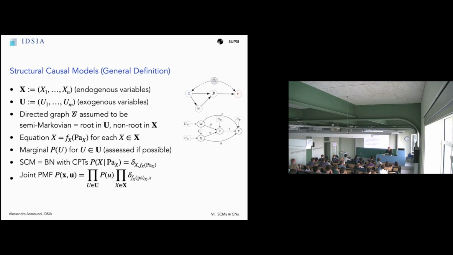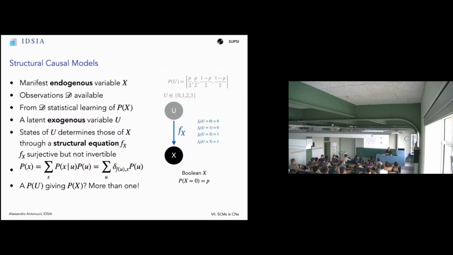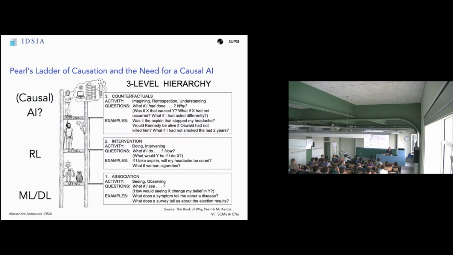And this is something, for instance, you don't have in the field of Bayesian networks. So this is coherent with the ladder of causation, because if we only have the data, we should stay here. We cannot move up. To move up, we need some additional information. So besides the observational data, we need something more, and this something more is the causal graph, to know what is determined by what, including confounders, external unobserved confounders.